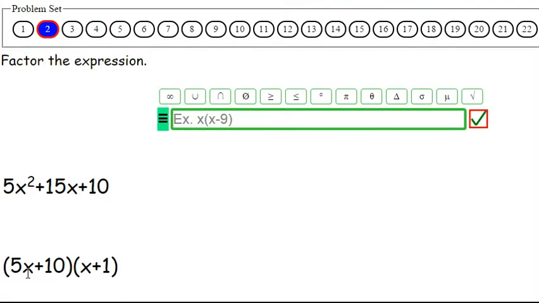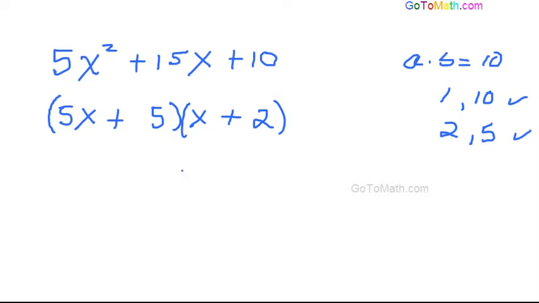Now that I think about it, 5 plus 10 is 15, and 10 times 1 is 10. Did I do this right? 5 times 2 is 10, plus 5 is 15.